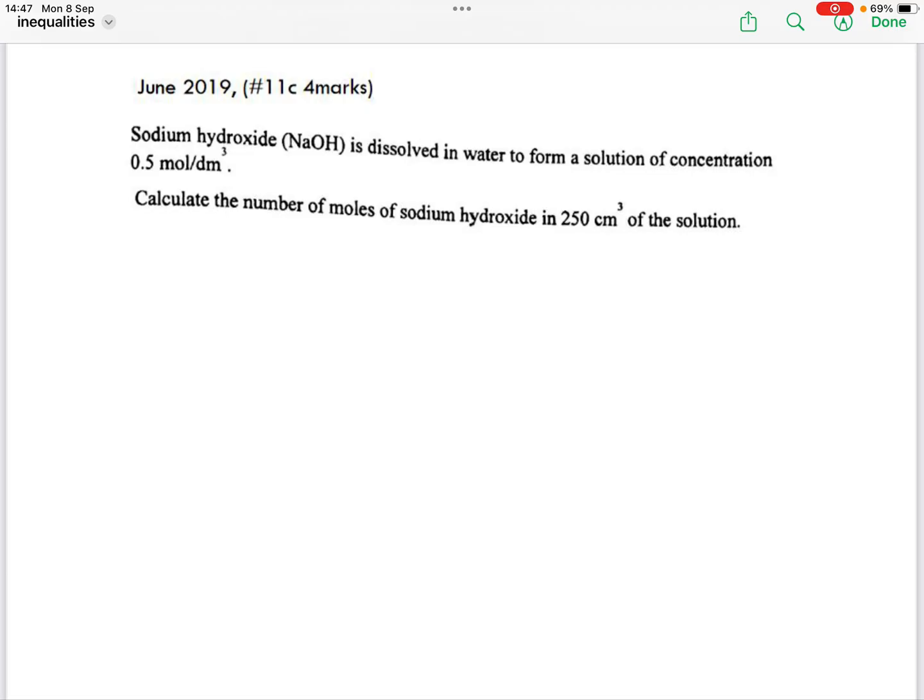We are required to calculate the number of moles of sodium hydroxide in 250 cubic centimeters of the solution.